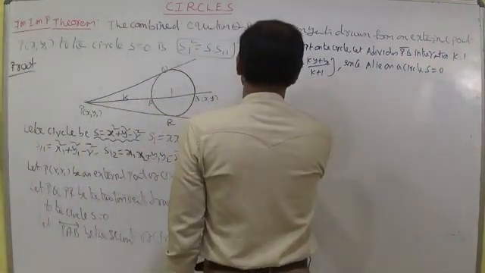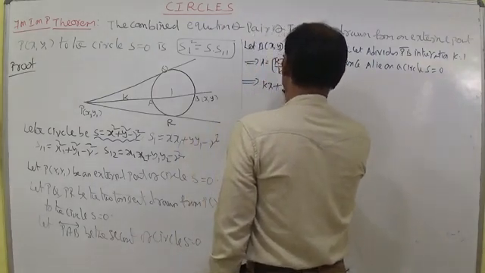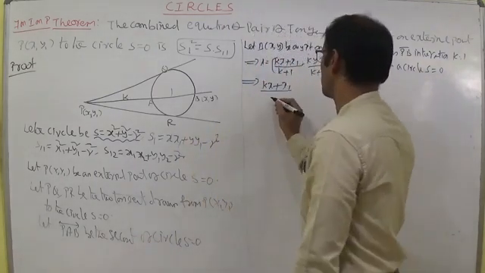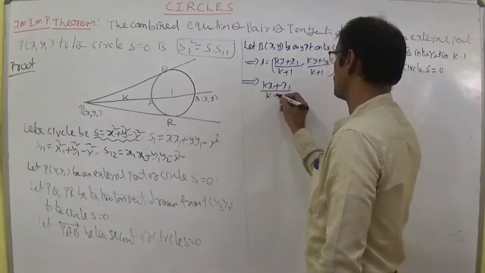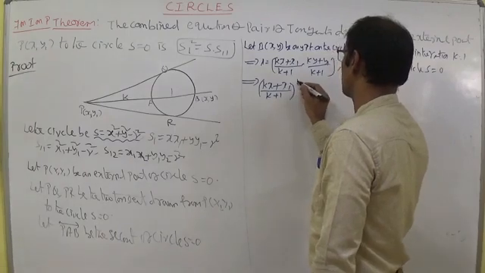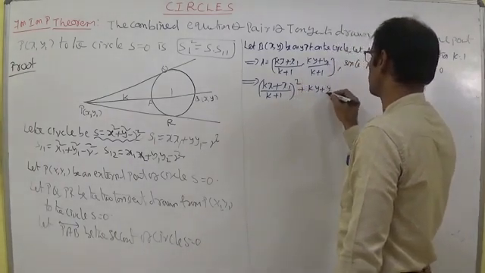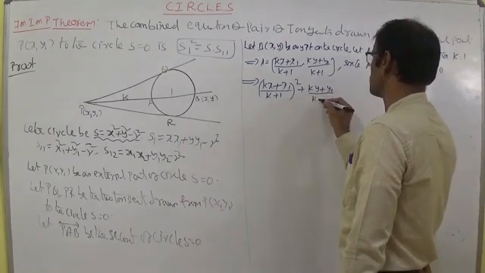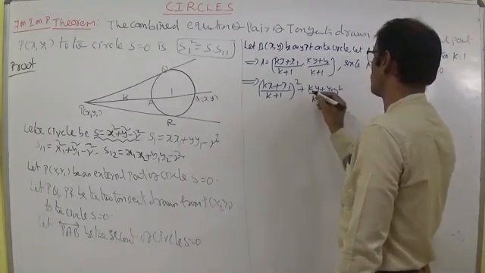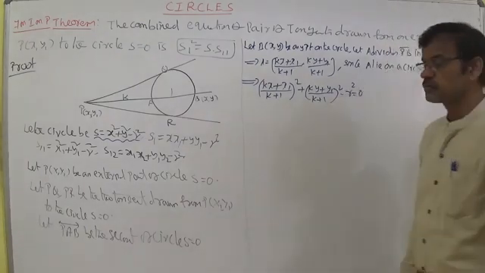That implies you can put ((kx plus x1) by (k plus 1)) whole square plus ((ky plus y1) by (k plus 1)) whole square minus r square equal to 0.